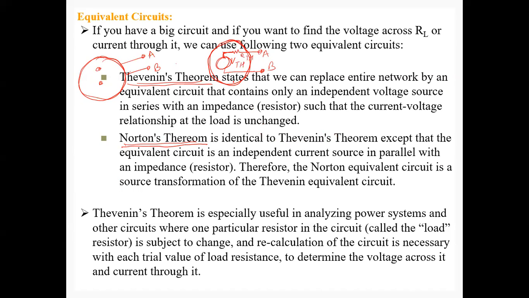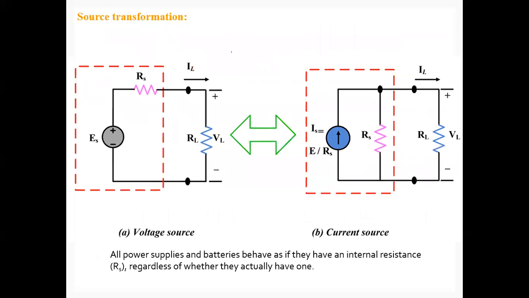That's what Thevenin says. On the other hand, what Norton says is this. What Norton did is just transform this guy to a current source. That's all. Remember we talked about current source and voltage source before, right? See the transformation?